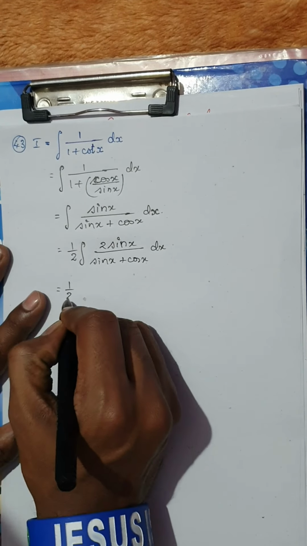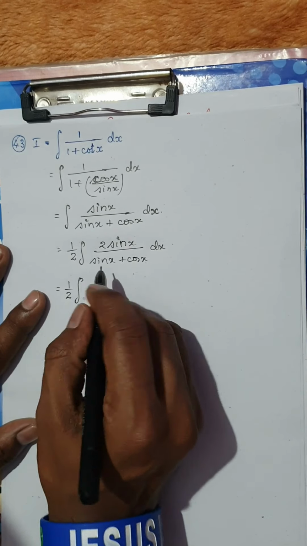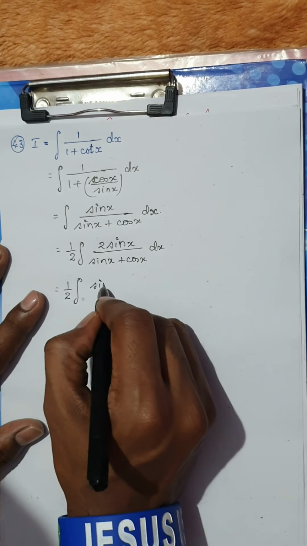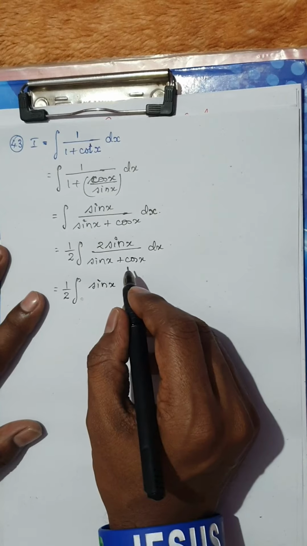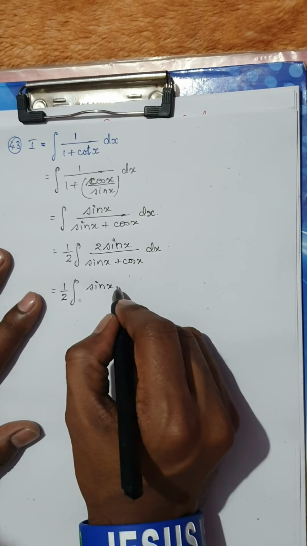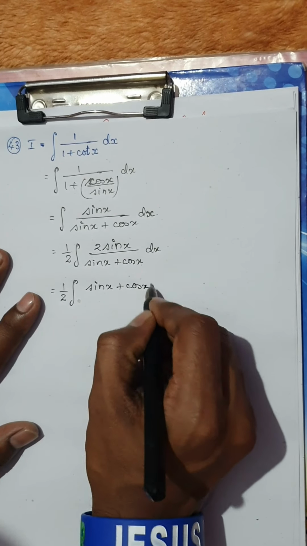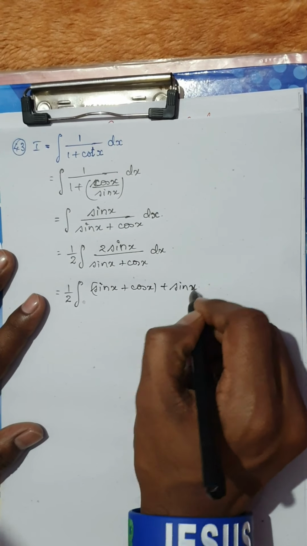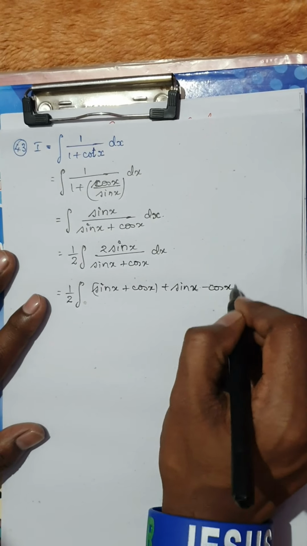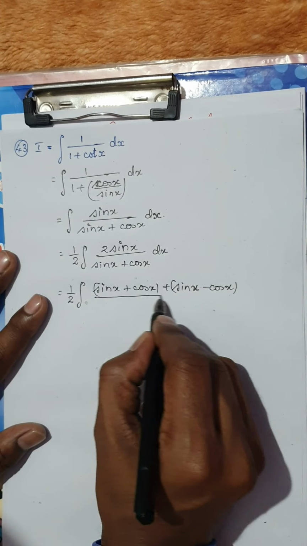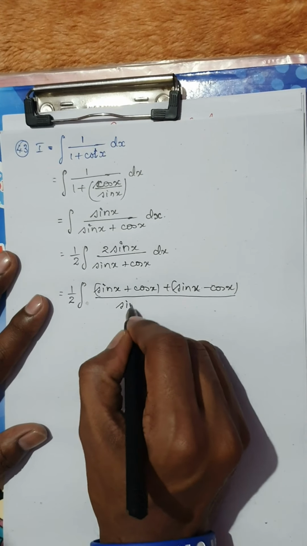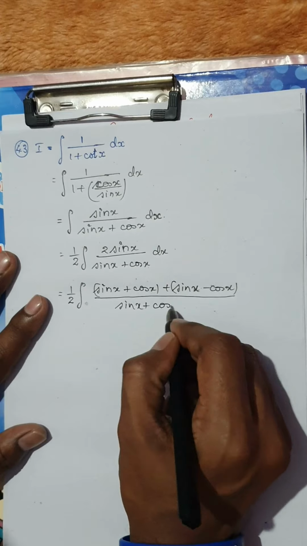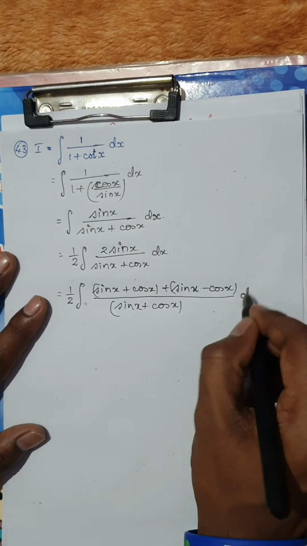This is nothing but 1 by 2 into the integral of, see, sin x I am going to write as sin x plus sin x, and at the same time I will add cos x and subtract cos x: sin x plus cos x plus sin x minus cos x, whole divided by sin x plus cos x dx.